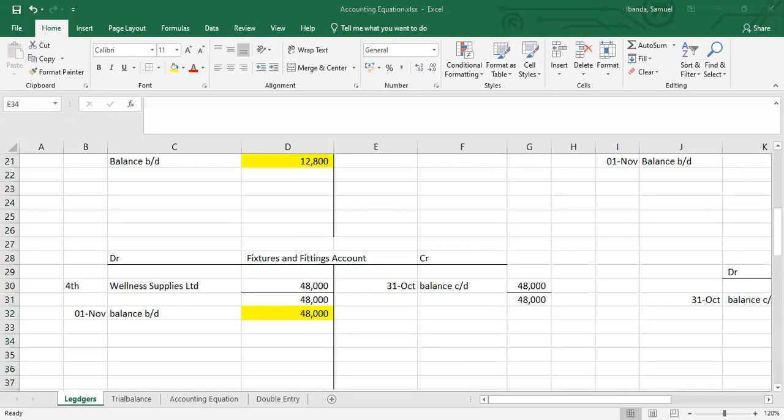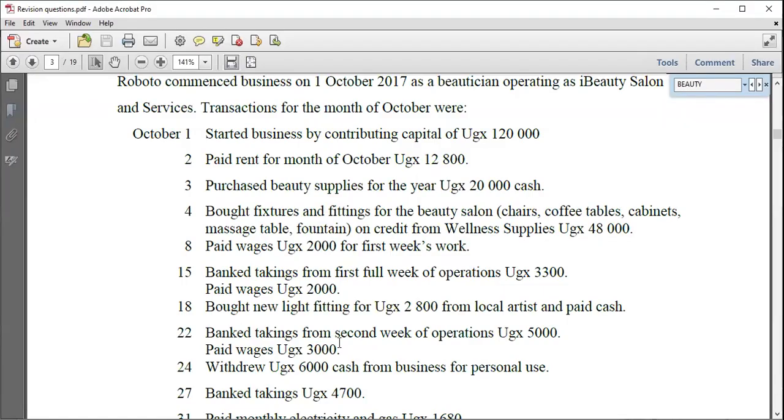Now, in case we had missed out part of our transactions here, for example, this transaction of 22nd, paid wages, 3,000.